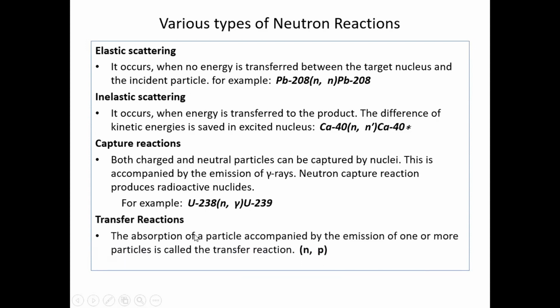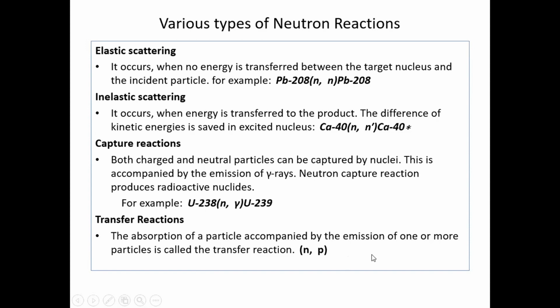The transfer reaction is one important reaction in which the absorption of the particle takes place, but the compound nucleus emits one or more particles that are different, and it is a transfer reaction. For example, the n,p reaction is a transfer reaction. The n,alpha reaction is a transfer reaction.